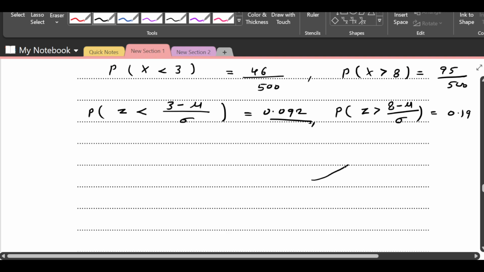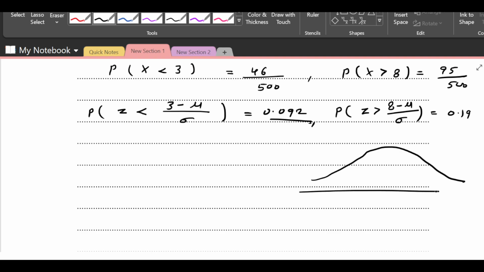If I draw the graph, it will be something like this, and in this graph the probability is 0.092. So the probability of z is given. 0.092 means this part is covered, and 0.19 again covers this part.